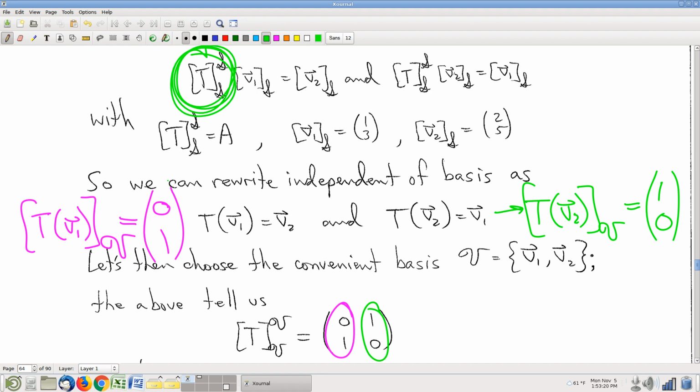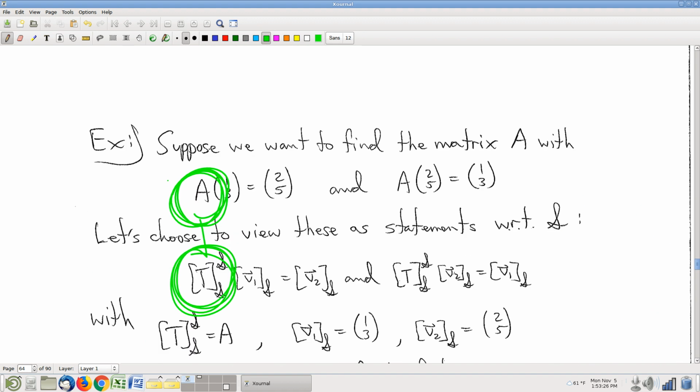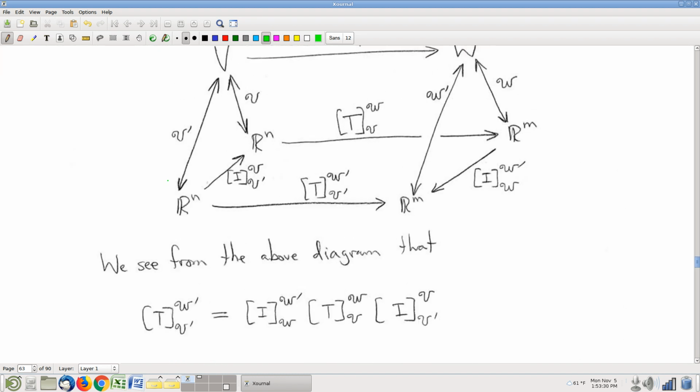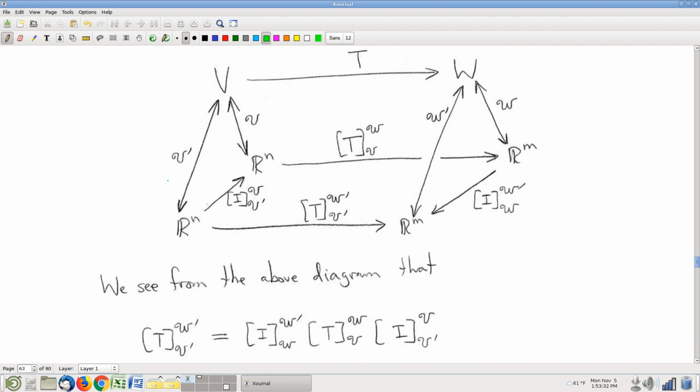So here we are in the situation where we understand T with respect to one basis. We want to find T with respect to a different basis. We need to do a change of basis. Right? And this is the formula that's going to do it for us. We're going to translate in the domain as needed, do the linear transformation the way we know how to do, and then translate in the target back to however is needed.